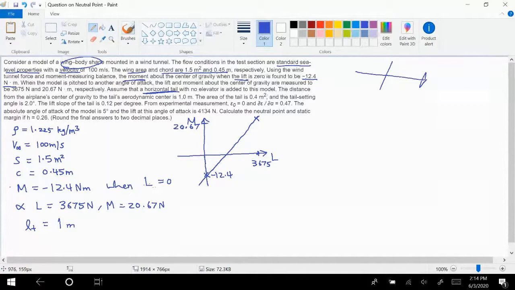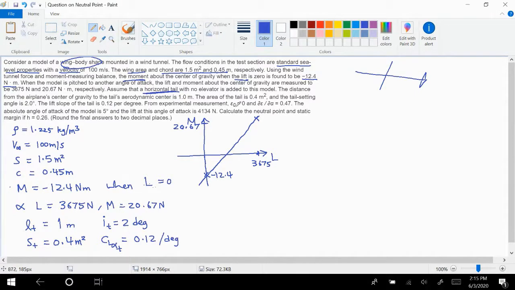The area of the tail is 0.4 meter square, and the tail setting angle is 2 degrees. So that is IT, equal to 2 degrees. The lift slope of the tail, CL alpha T, is equal to 0.12 per degree.